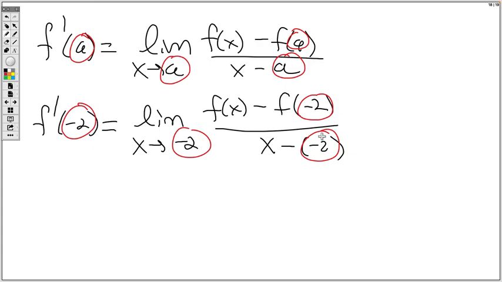You see where we're plugging in and what we're plugging in? So a is the point on the graph we're concerned about.